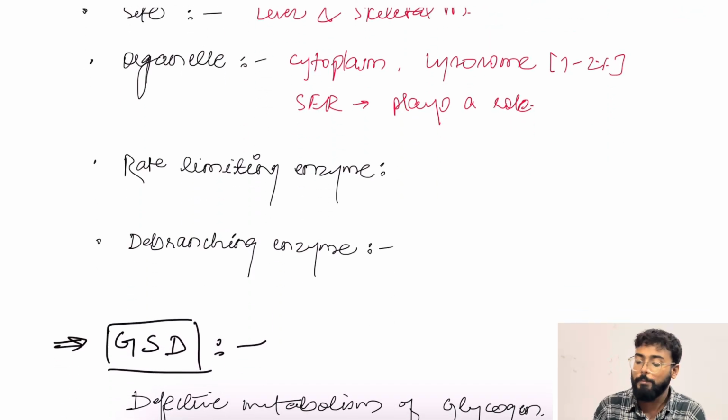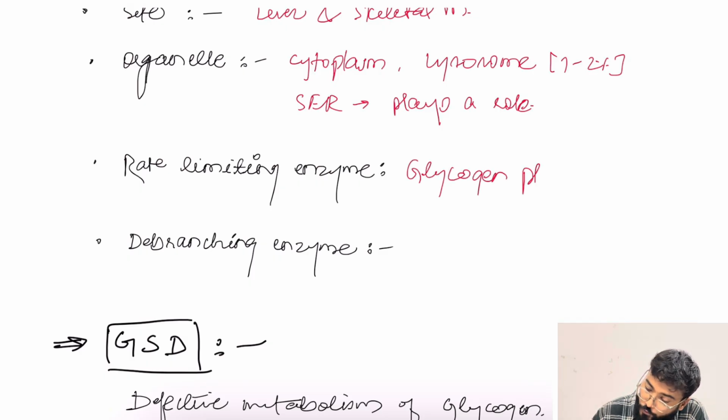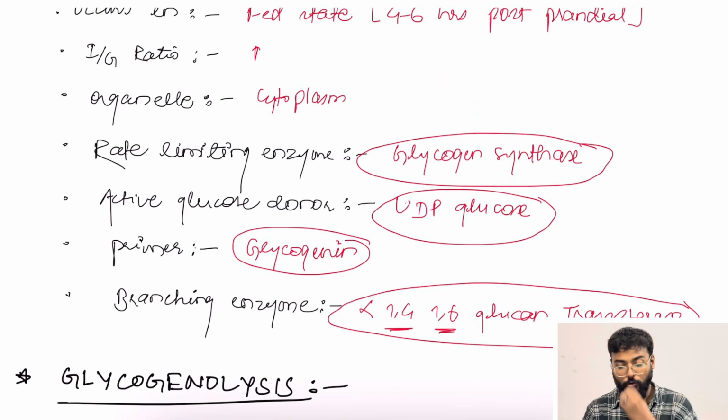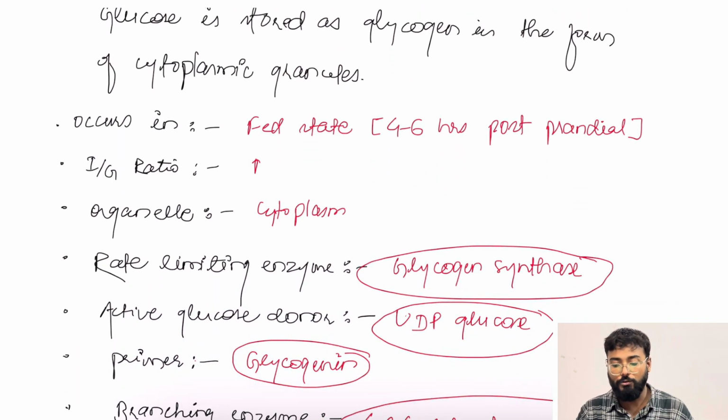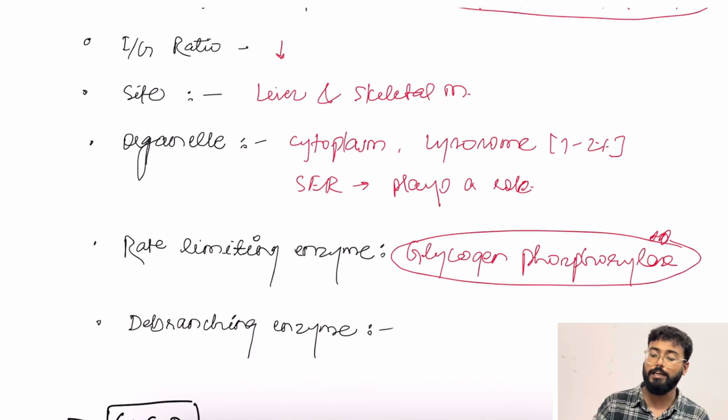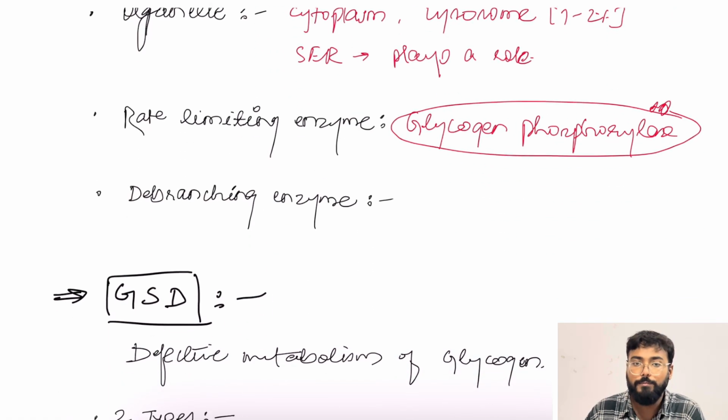What is the rate limiting enzyme in glycogenolysis? That is glycogen phosphorylase. So in glycogenesis the rate limiting enzyme is glycogen synthase, and in glycogenolysis it is glycogen phosphorylase.